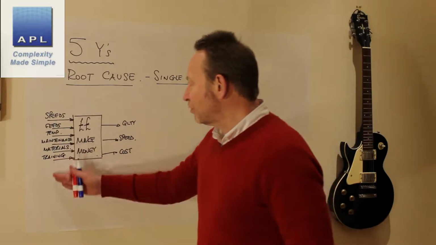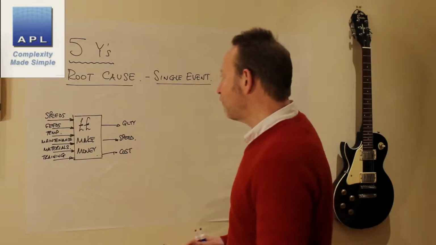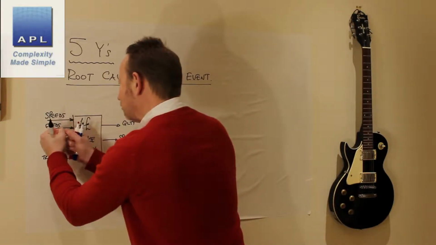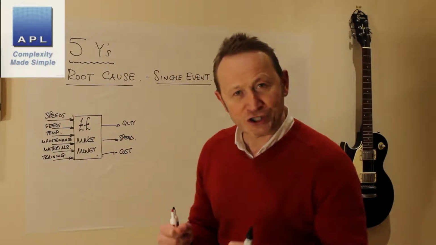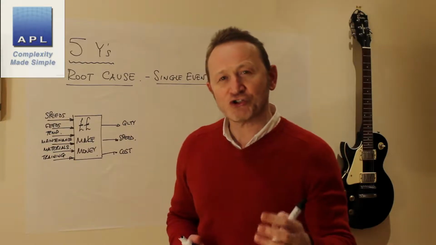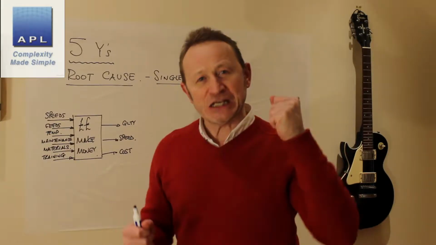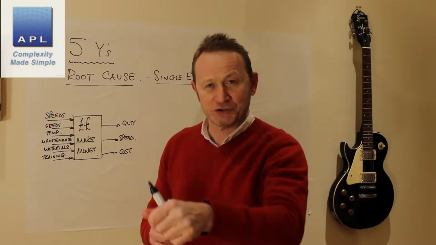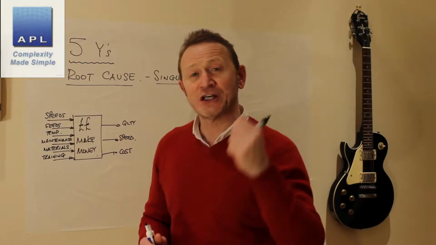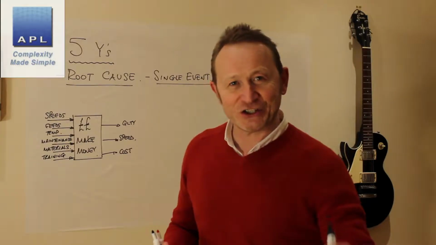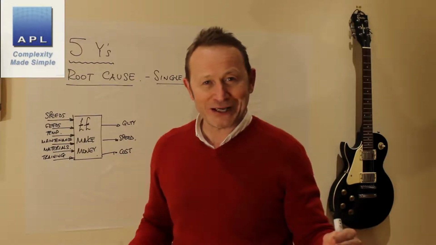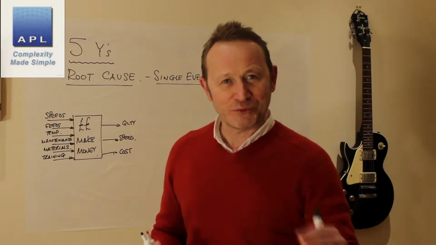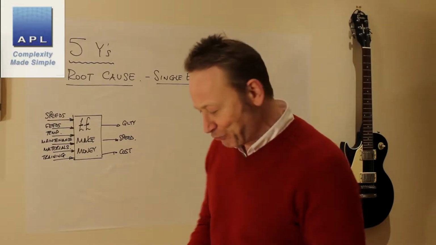Now, multiple inputs. Providing you have multiple inputs all under control, and what under control means is fixed, not moving, not being adjusted by operators, not being adjusted by technicians, not being adjusted by engineers, not being adjusted by anyone.